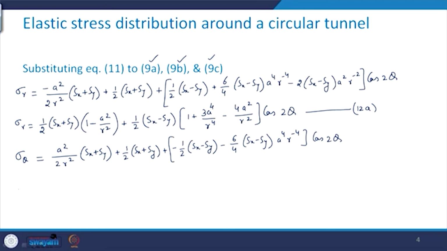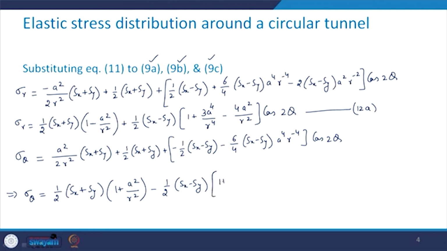Simplify it further and the expression for sigma theta is half Sx plus Sy into 1 plus a square upon r square, minus half Sx minus Sy into 1 plus 3a to the power 4 upon r to the power 4, cos of 2 theta. This is going to be equation number 12b.